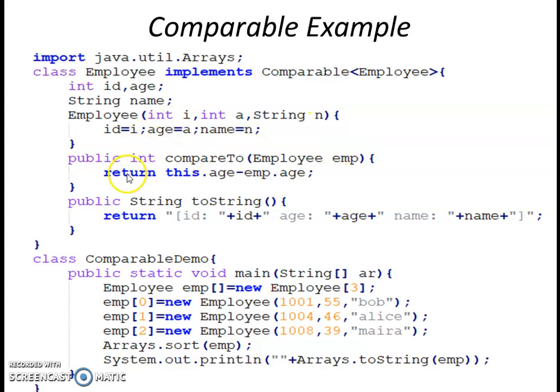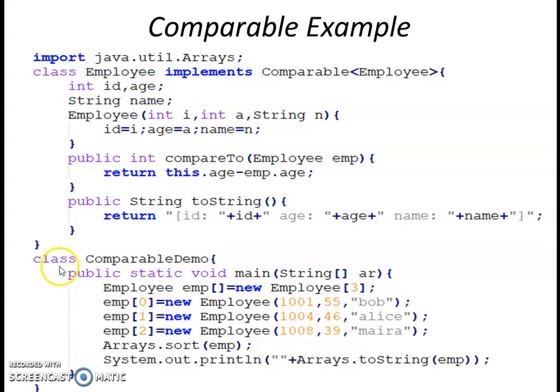Now this method returns this.age minus emp.age, that is the difference of ages of the objects. So this refers to the current object and emp is the object that is passed as argument. Next we are overriding the toString method to display a friendly message. So according to this format, the message will be displayed.